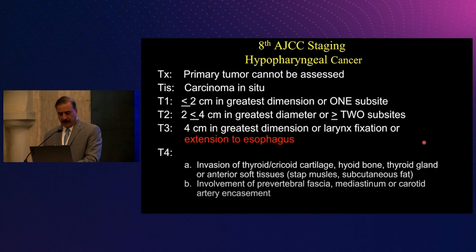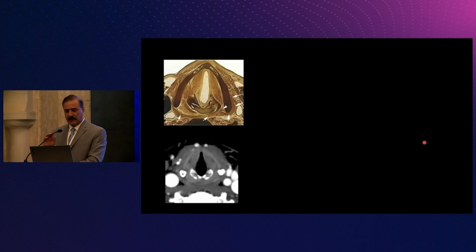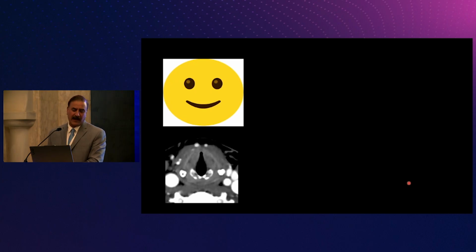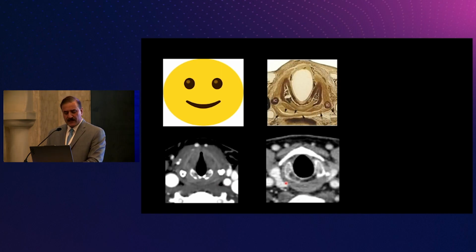Extension into the esophagus. So let's review a little bit of anatomy here. So this is at the level of the cricoid cartilage. So this is the hypopharynx proper. And if we use the emoji analogy with this, this is almost like a subdued smile at that level. Now we are going below that level, and you can see that there is some thickening of the hypopharynx, which was here.